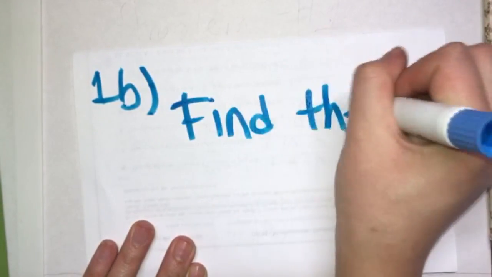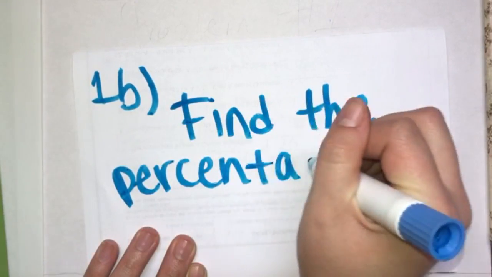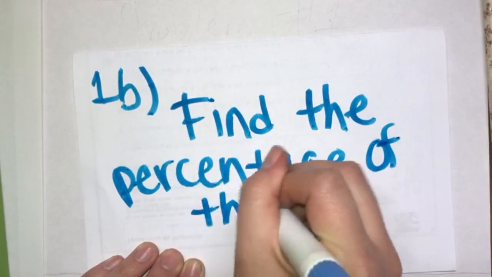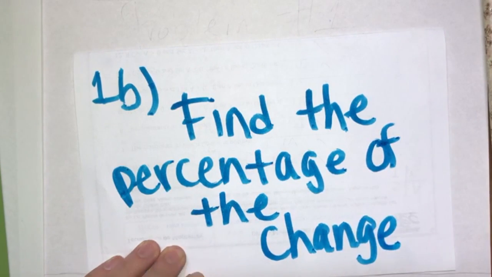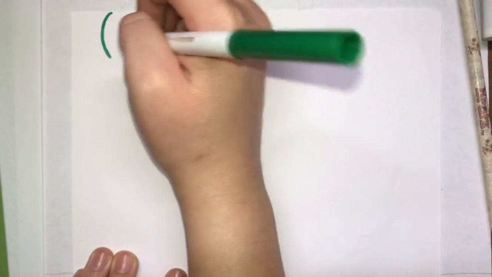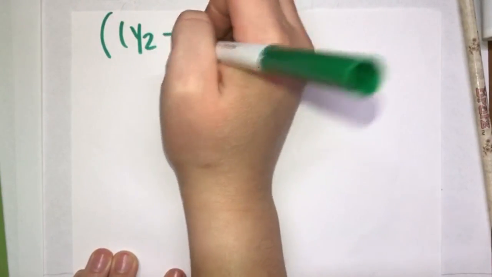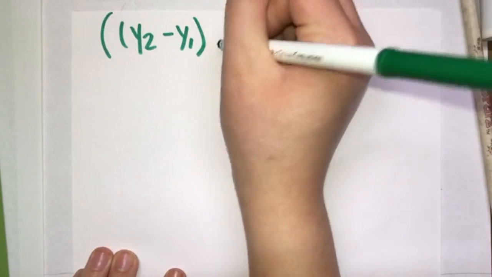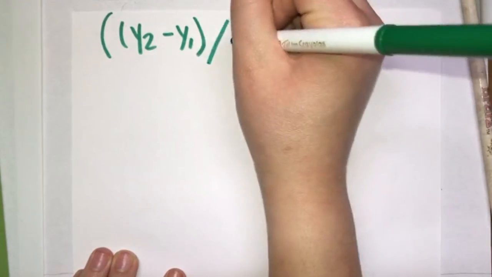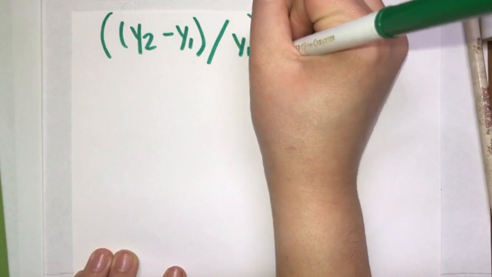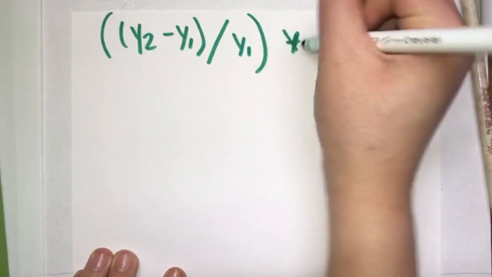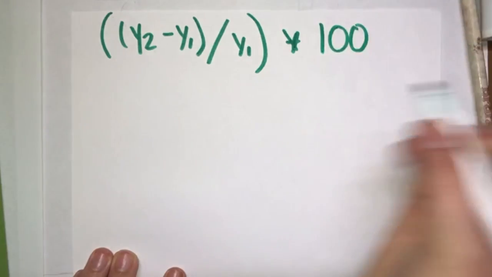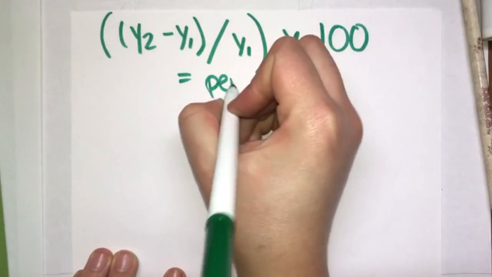Problem 1b. To find the percentage of the change, we can use this formula: y2 minus y1, parentheses, divided over y1, close the parentheses, times 100 will give us the percentage.